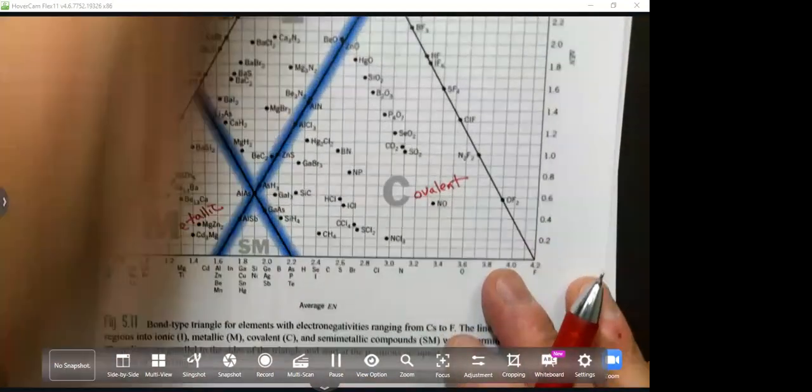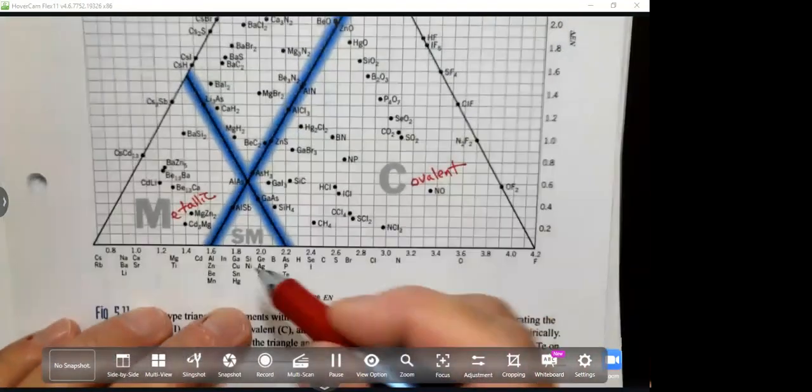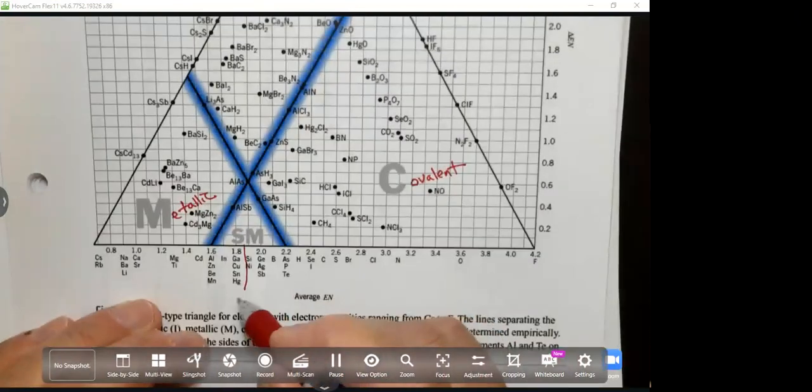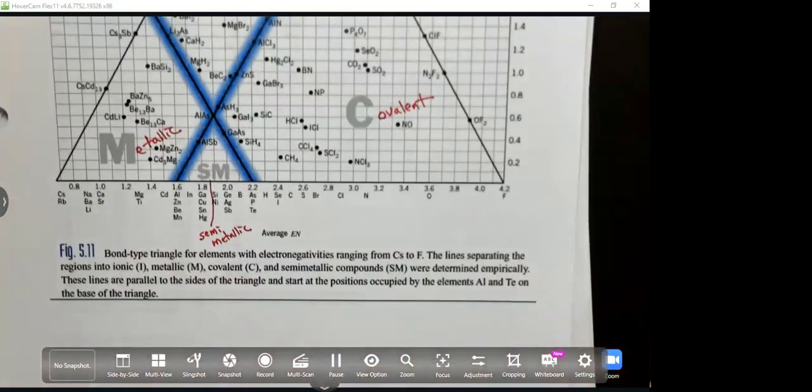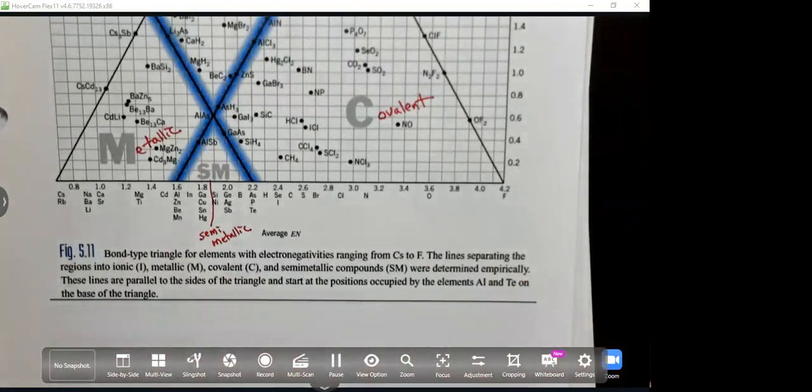And this region here is semi-metallic. Now, for a metallic bond, that's the only thing we haven't talked about yet. I don't think we talked about it. Now, I put it this way.